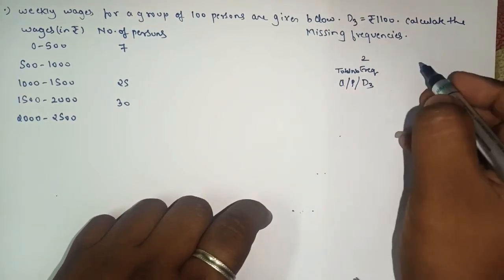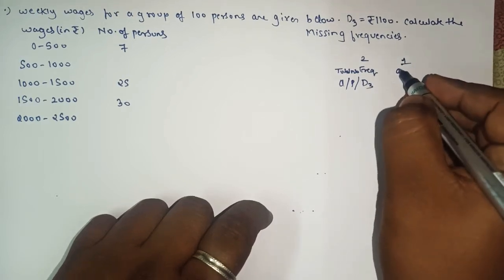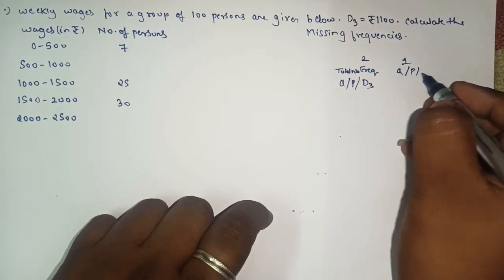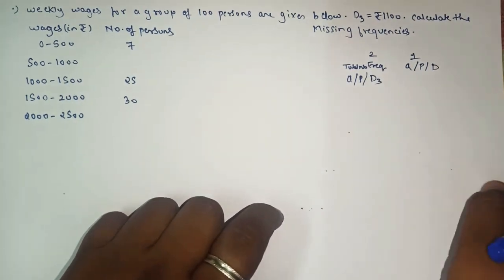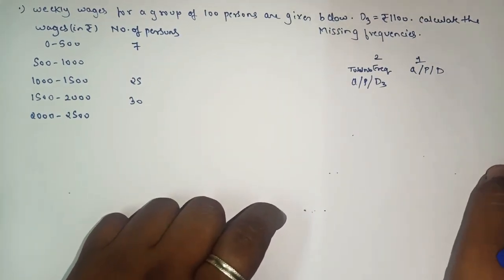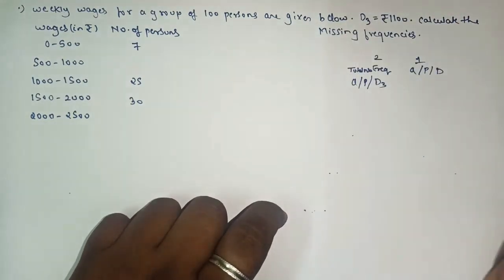Suppose you want to find only one frequency, then we require only the value of the quartile, or percentile, or decile. I had explained this point when we were dealing with the sums on quartiles where we had to find the missing frequency.